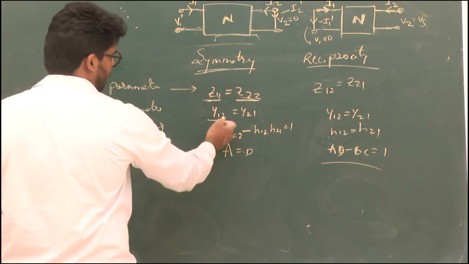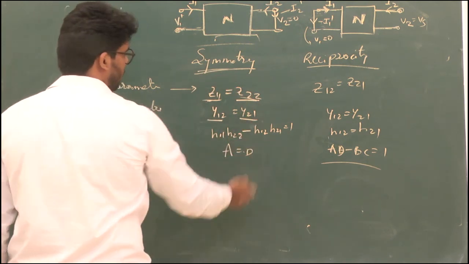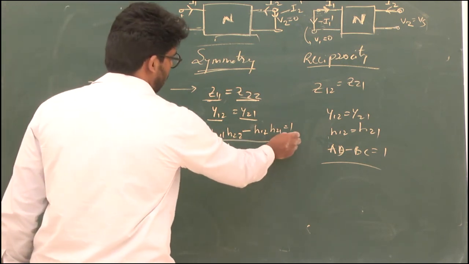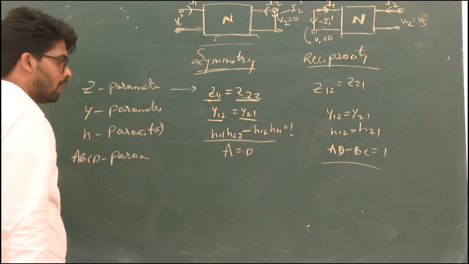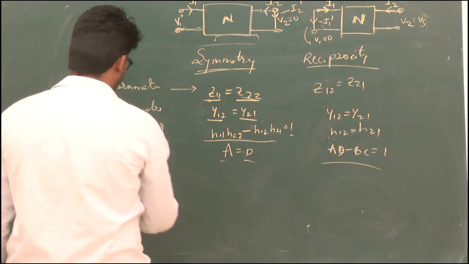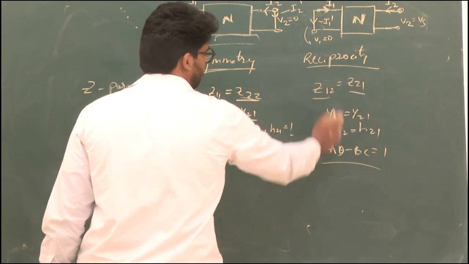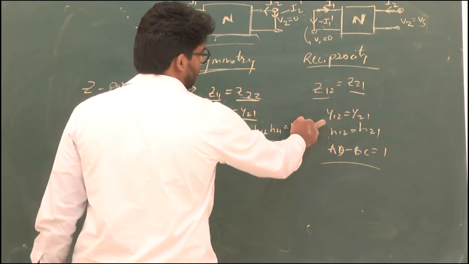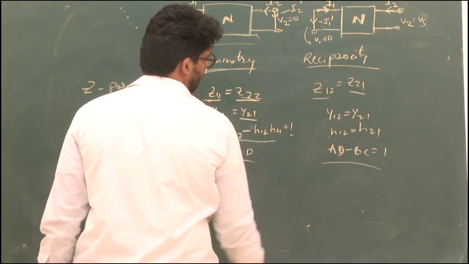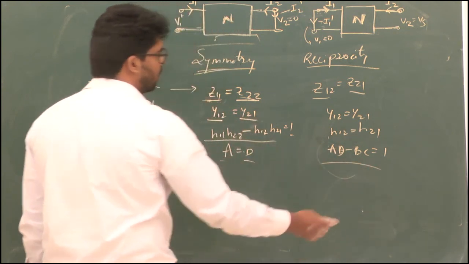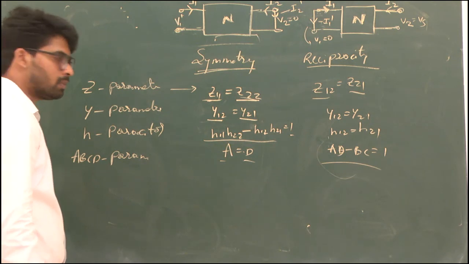If the transfer admittance and transfer impedance are equal, it is reciprocity. For H parameters, delta H equal to 1 is the symmetry condition, and for ABCD parameters, A equal to D is symmetry. Transfer impedance equal means reciprocity, transfer admittance equal means reciprocity, delta H equal to 1 means reciprocity, and AD minus BC equal to 1 means reciprocity.